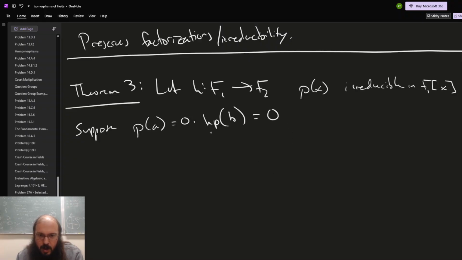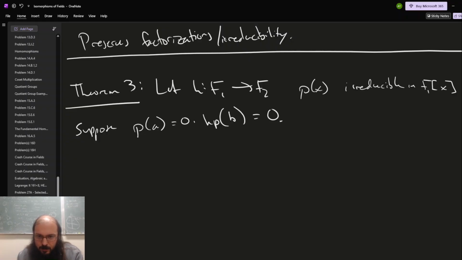So in other words, I apply this change of coefficients along this map H. I get a new polynomial because all the coefficients are sent over there. P is then formally changed over, and B is some root. This is the setup.